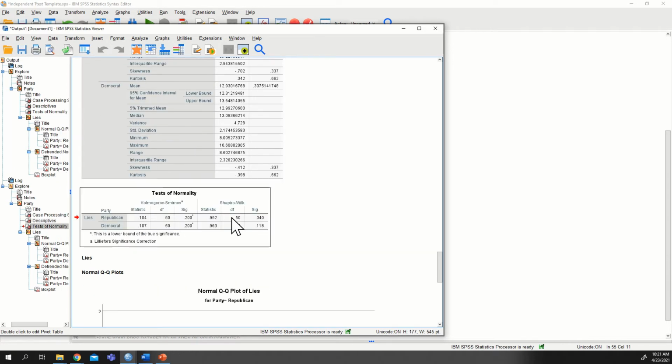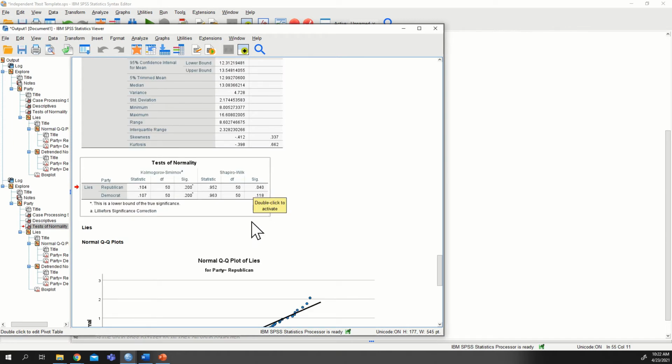Let's go to our test of normality. Now, there's a lot of debate on whether you should use your KS test or SW tests. Some people say that the Shapiro-Wilk is much more powerful in its assumption. As you can see, they differ in value. To understand what this means to you, you don't want your significant value to be less than 0.05, as we see here.